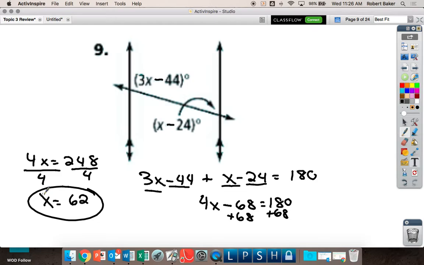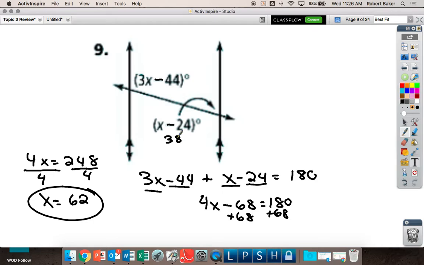62 minus 24 is 38, maybe. Oh yes, you don't have to check, but it would be wise to. Oh yeah, 62 times 3 is 186. 186 minus 44 is nowhere near the right answer.